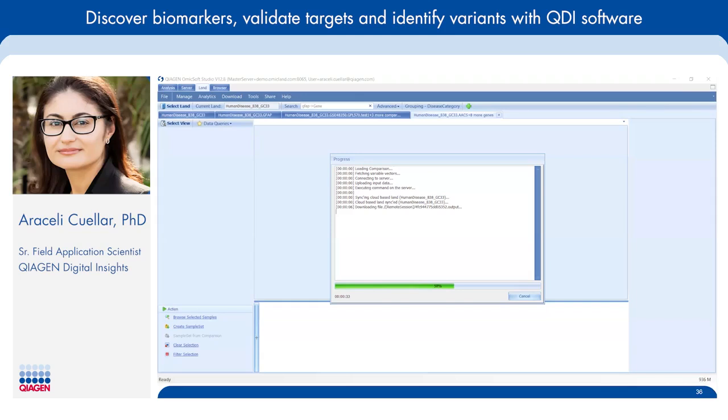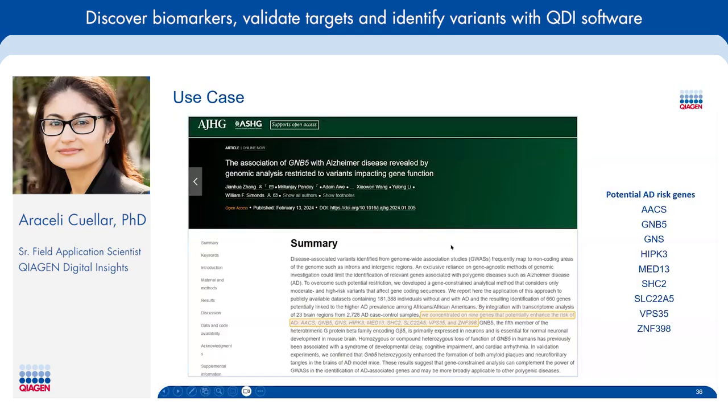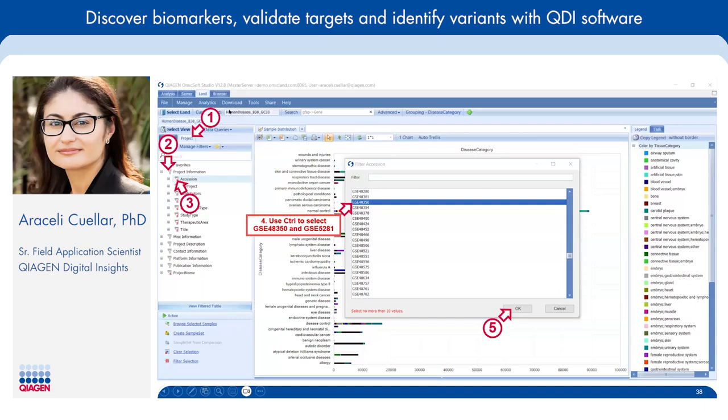So while that goes on, just to review what we've done, right? We went into our main tab. Here you went under the projects tab, under the project information, and then clicked on the little accession filter icon, searched for your studies of interest, and then clicked on OK.